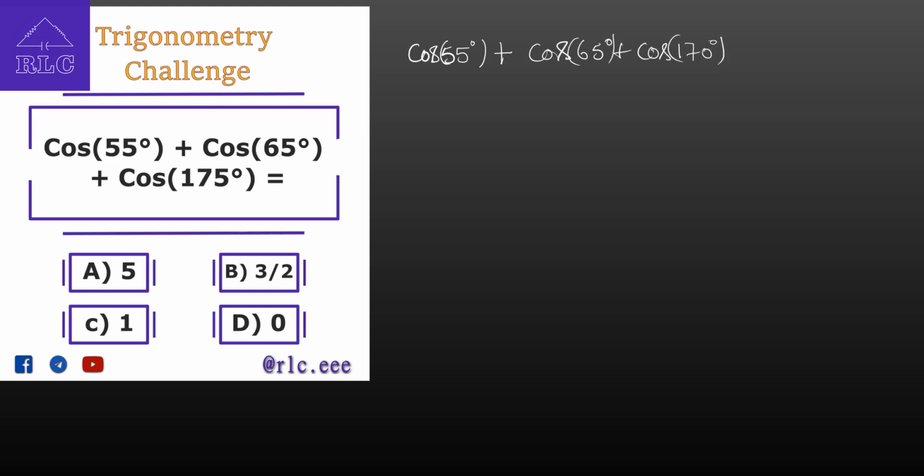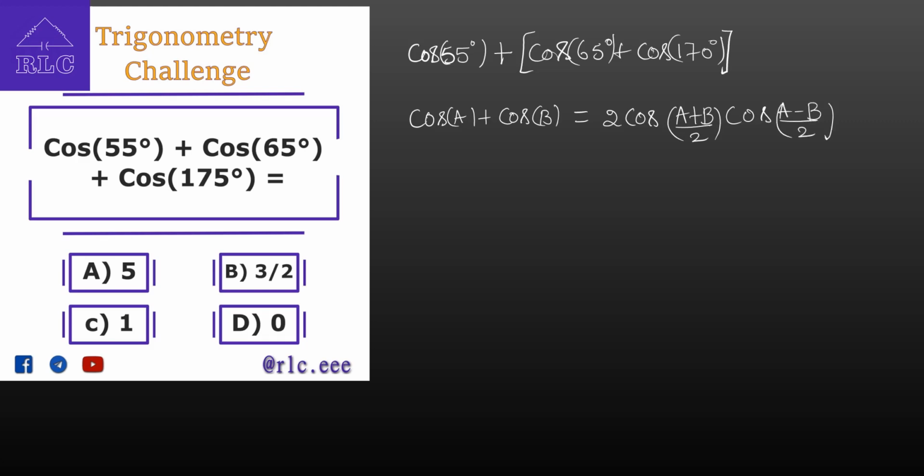Now I am going to write the combination of these two using cos A plus cos B is equal to 2 cos A plus B by 2 into cos A minus B by 2.